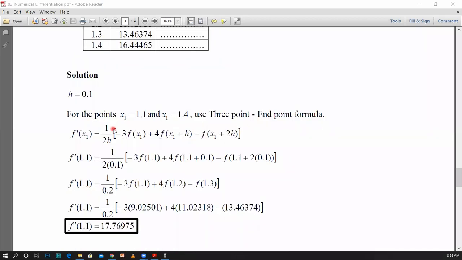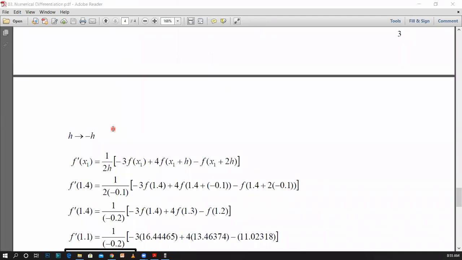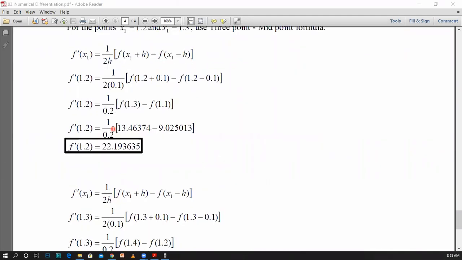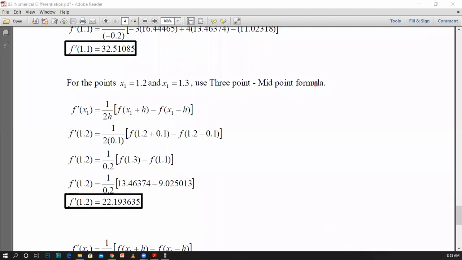Therefore, for obtaining the values at points 1.2 and 1.3, you have to use the 3-point midpoint formula. The 3-point midpoint formula is given in this form: 1 divided by 2h, f(x1 plus h) minus f(x1 minus h). Once you do the calculation appropriately, here the value of x1 is 1.2 and the value of h is 0.1.